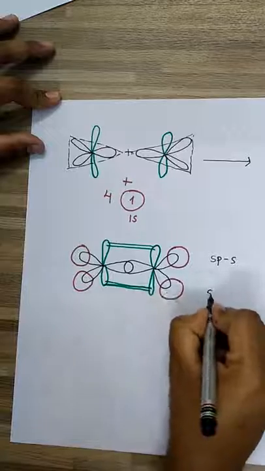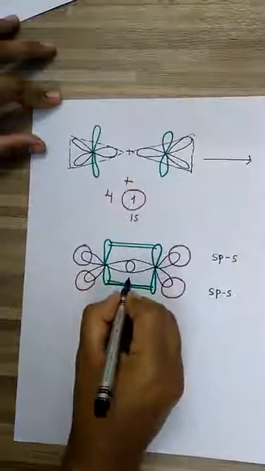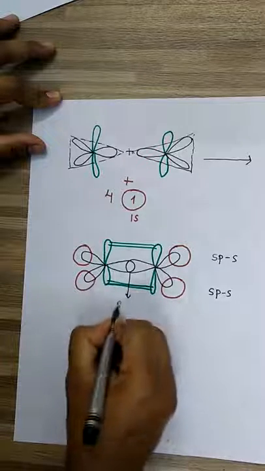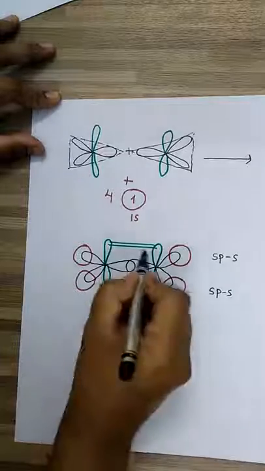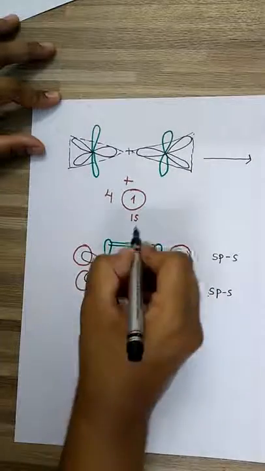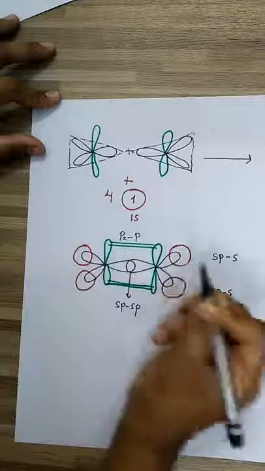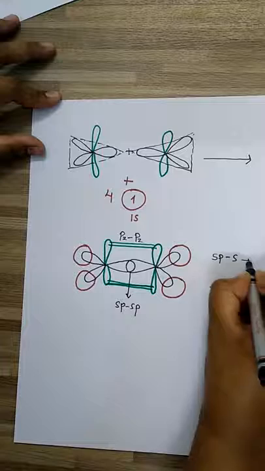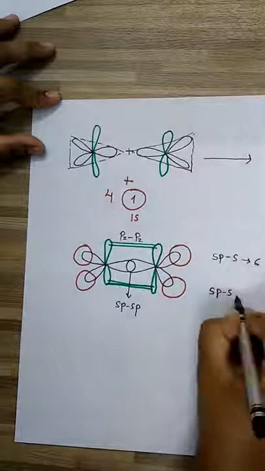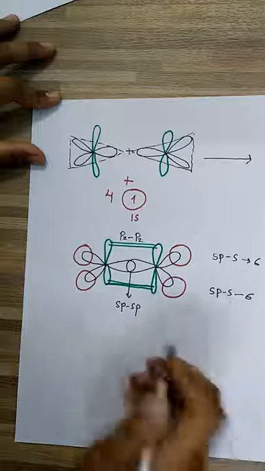Now you can see here, students, here there is an overlap between sp2 hybrid orbital and s orbital. Here there is an overlap between sp2 hybrid orbital and s orbital. Here there is an overlap between sp2 and sp2 orbital. And these two are overlap between pz and pz orbital. This is your sigma bond. This is also your sigma bond because it contains s character.